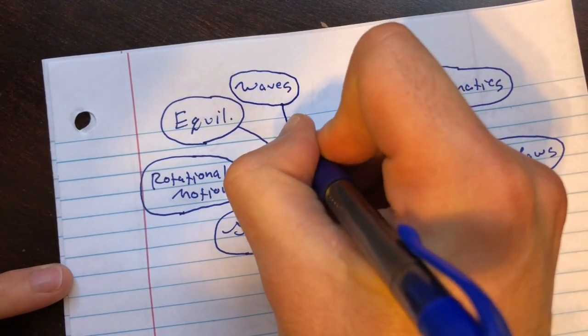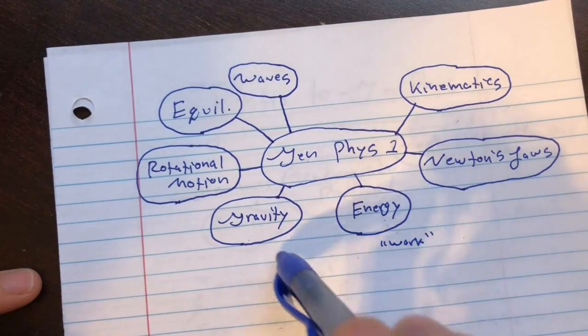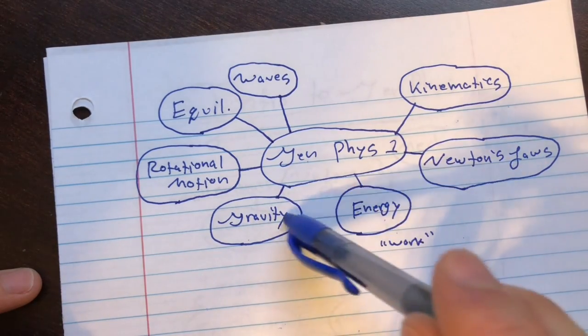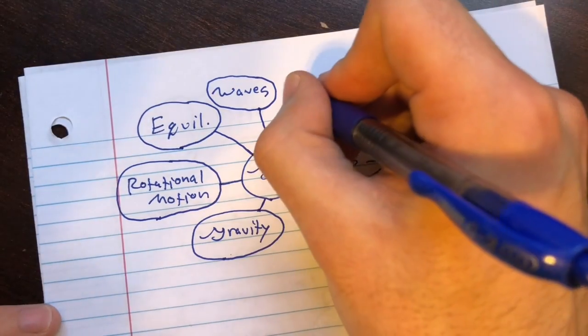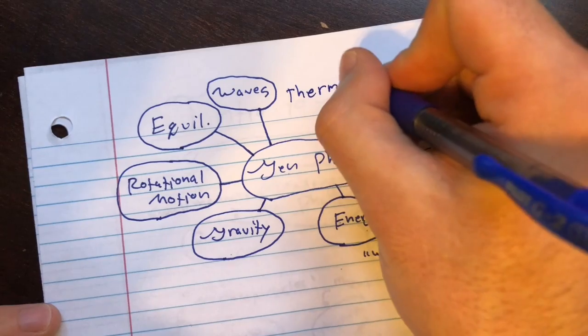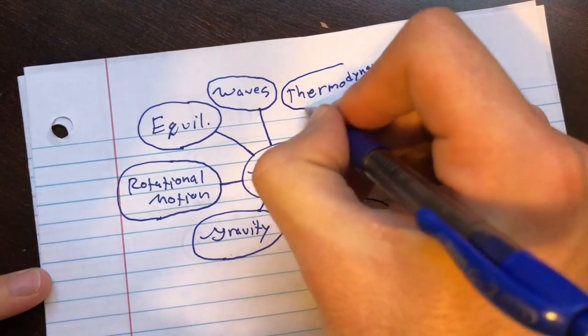It's just a different way to describe motion, not just things going along on a straight line, but a different type of motion, I guess. And then if you're lucky, if you have time, you'll probably get into thermodynamics.